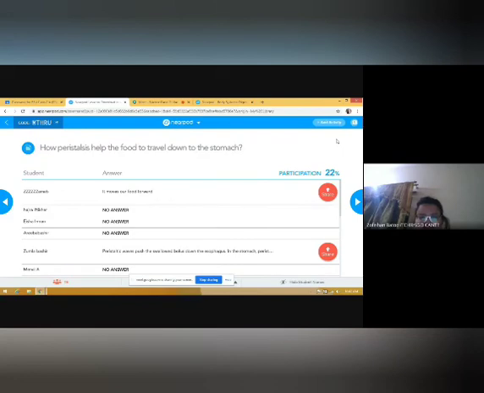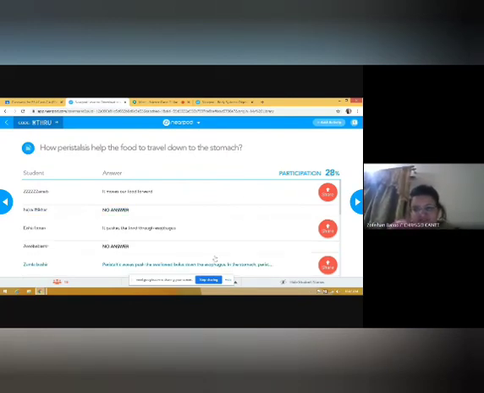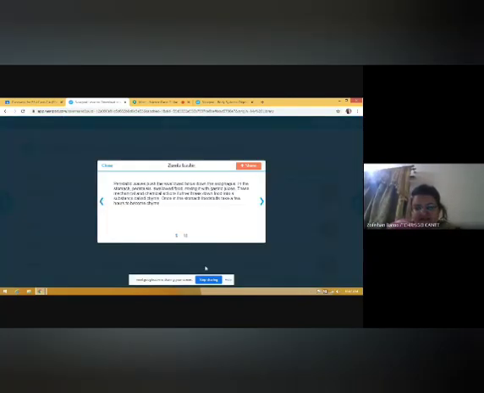Okay, Zumla is saying peristaltic waves push the swallowed bolus down the esophagus, and in the stomach, peristalsis mixing it with gastric juices, and these mechanical and chemical actions further break down food into stomach substance called chyme.